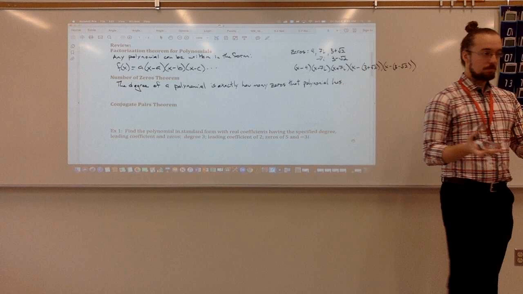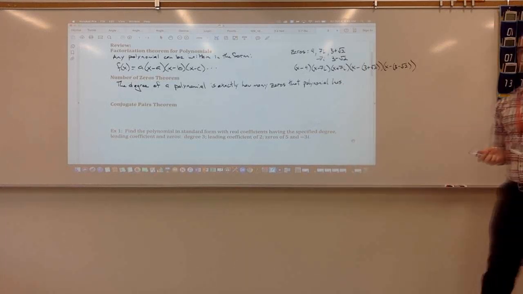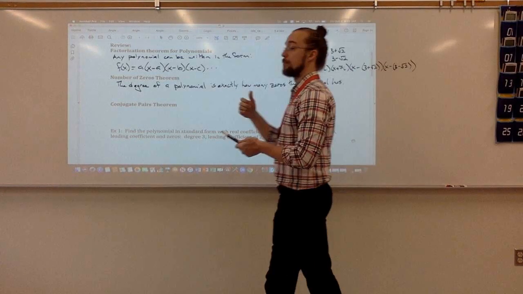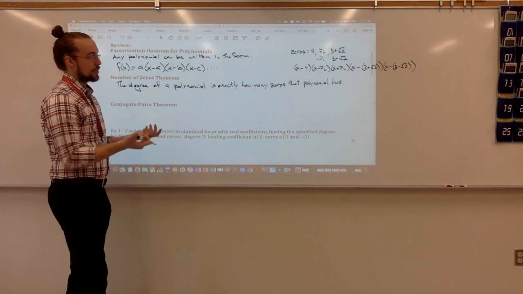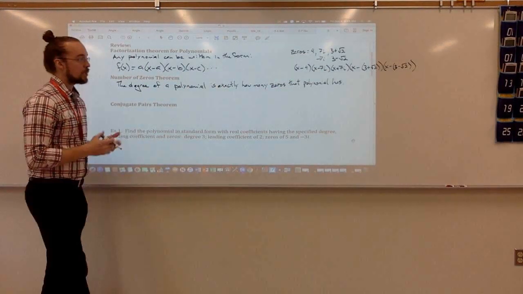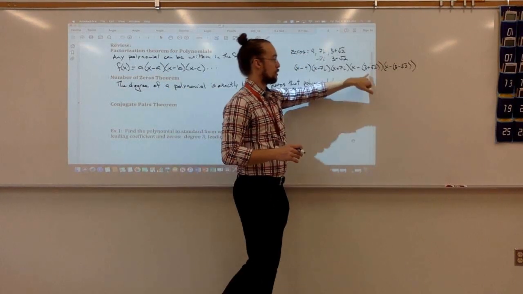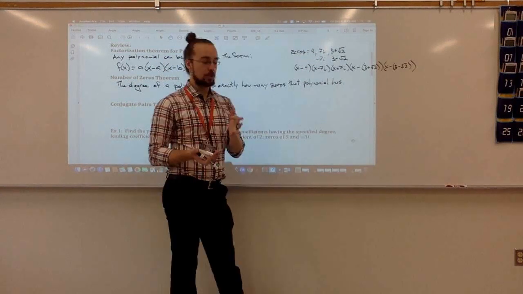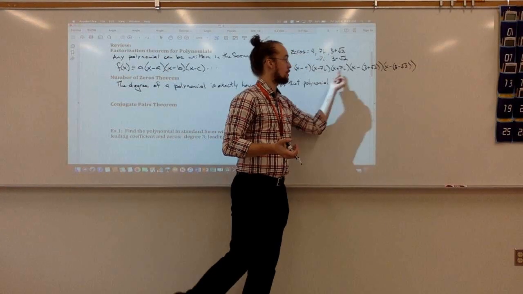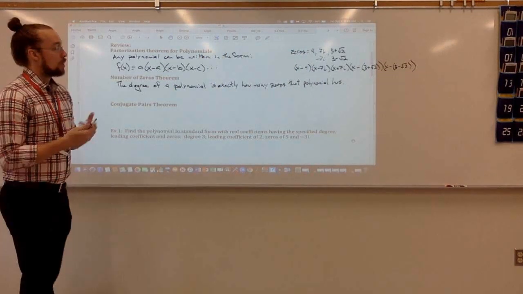So again, zeros doesn't necessarily mean where we cross the x-axis. We're talking about solutions. They could be imaginary. I guess the only way they wouldn't cross the x-axis is if they're imaginary. So if we're looking at this polynomial, we came up with 5 solutions, but it would only actually cross the x-axis at 3 places, at the real numbers. It doesn't cross the x-axis at the imaginary numbers.